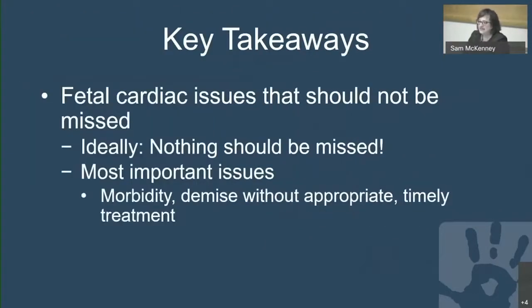So key takeaways is what fetal cardiac issues should not be missed. Ideally, nothing should be missed, but the most important issues are those that are going to involve morbidity or demise if there's not appropriate timely treatment.